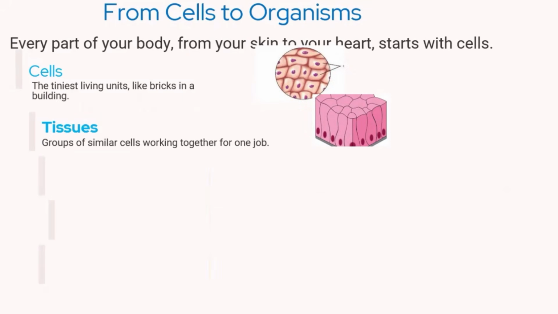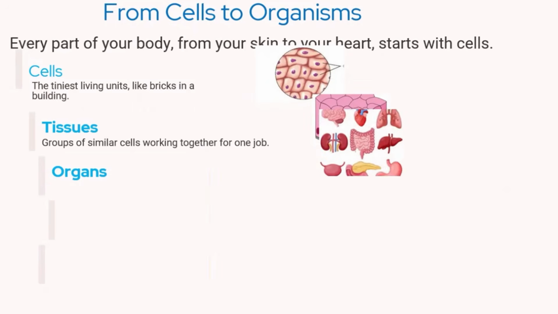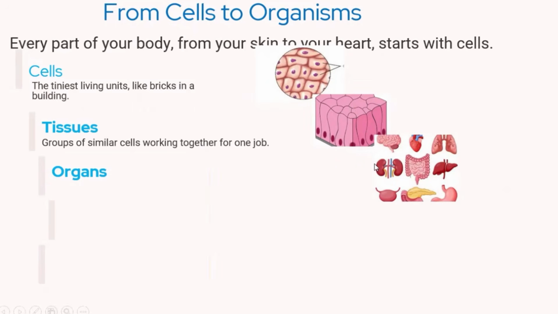And when tissues work together, they form organs. We have a lot of organs in our body. You can see we have the small and large intestine, the heart, the lungs, the brain, the kidneys, the stomach. So tissues combine to form body parts with specific jobs.